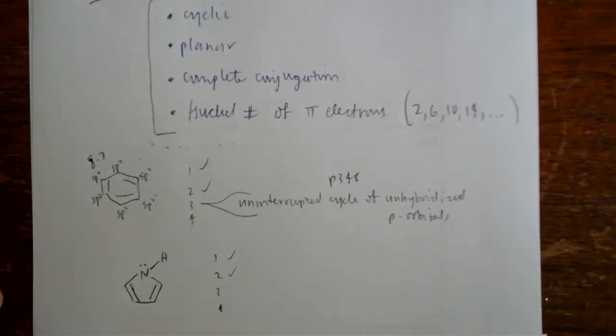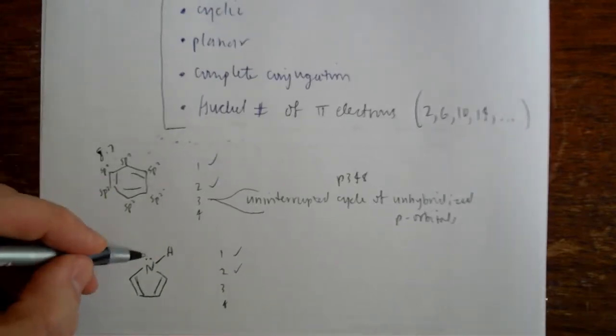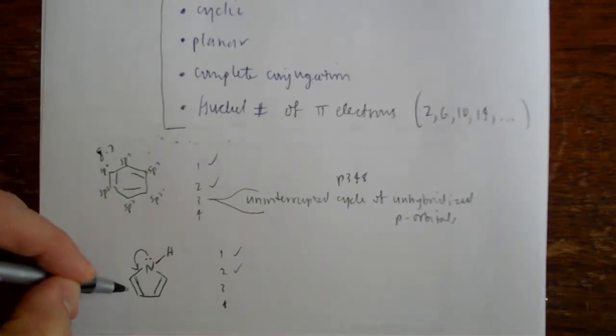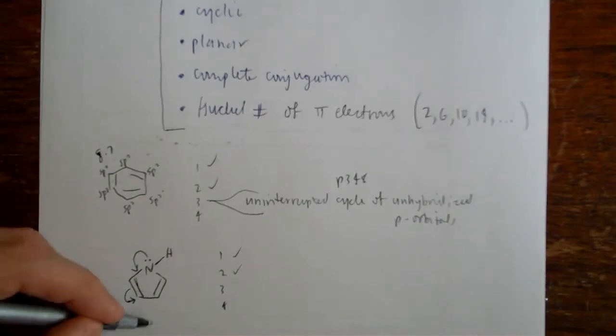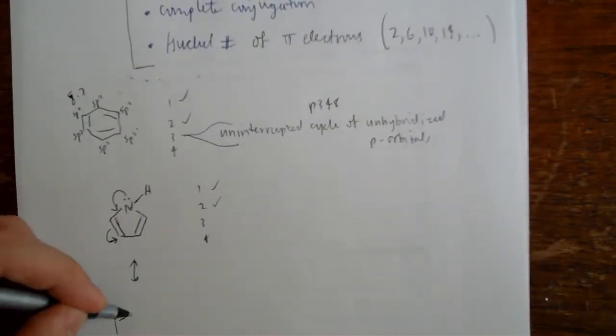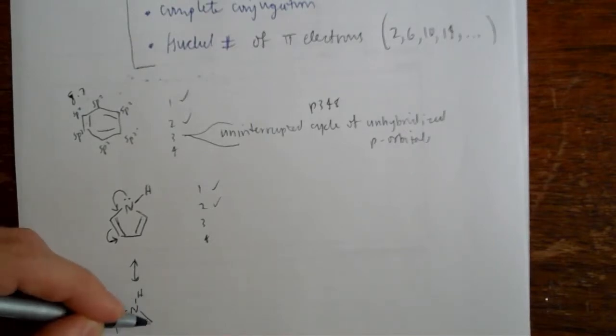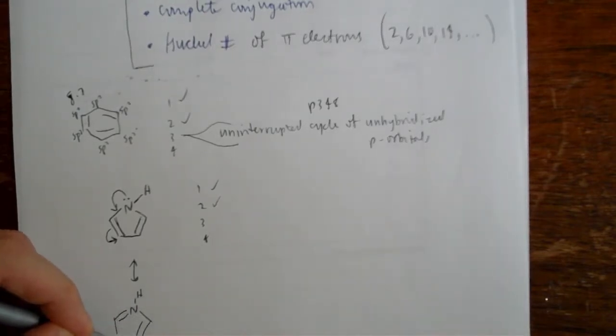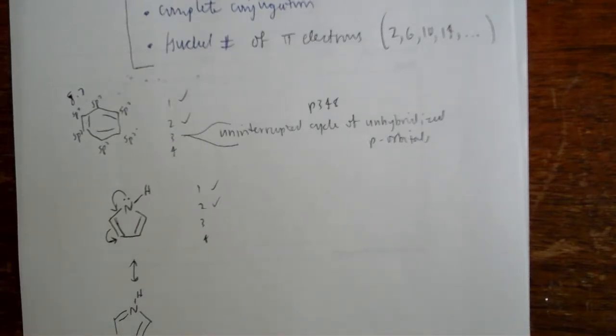You have to be able to know that these electrons can come down here and these electrons can go up here, right? By the way, can you see how these electrons are conjugated with that? It's a little easier to see when they're not on a nitrogen.